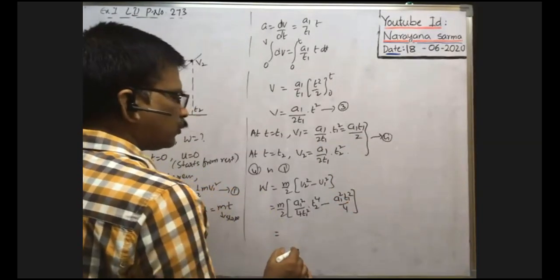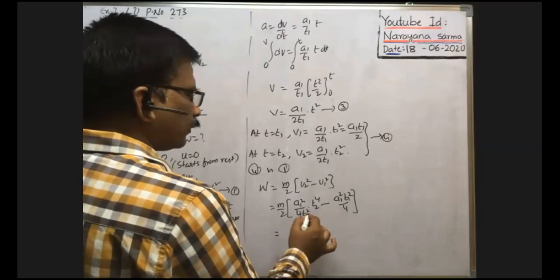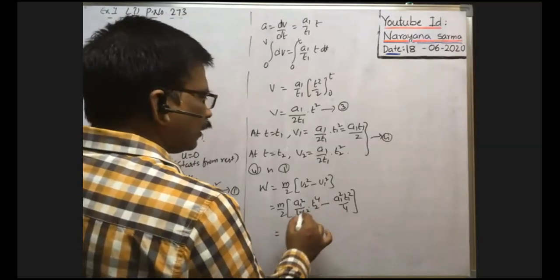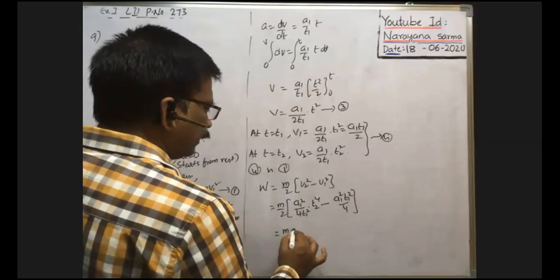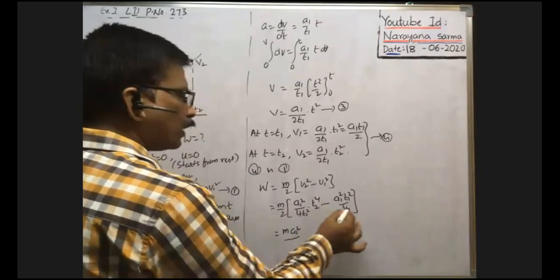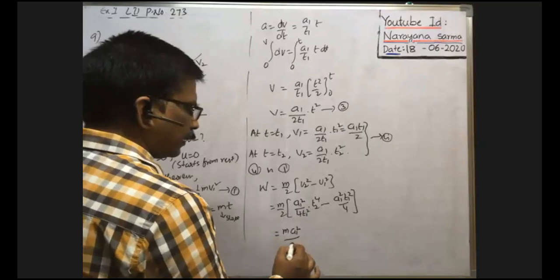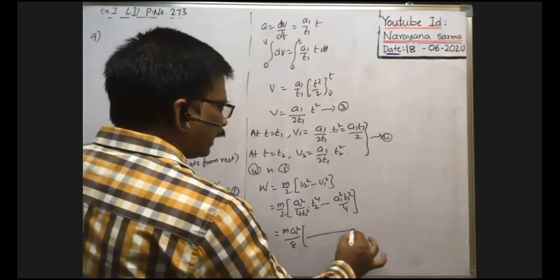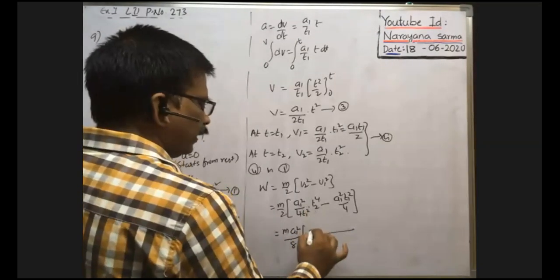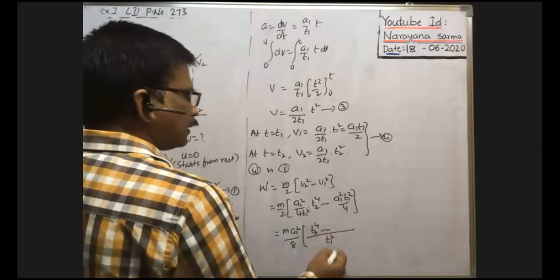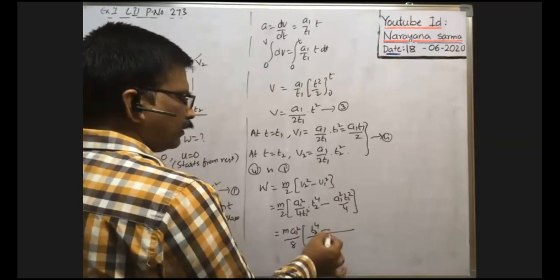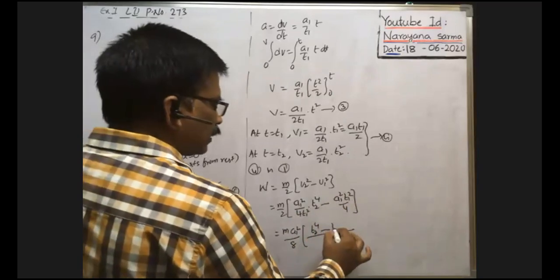In both the terms we can take 4 t1 square, you take LCM. A1 square we can take common directly, m a1 square by 4 also we can take common. Here 2 is there, that means 8 into, you take LCM t1 square. So here t2 to the power of 4 is there, minus t1 square into t1 square, that means t1 to the power of 4.